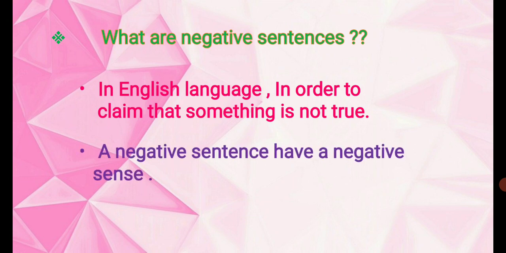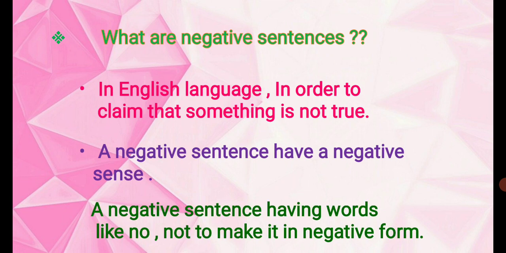A negative sentence has a negative sense. It means it reflects the negative side of the sentence. It reflects the no or not in the sentence. That's why we can say that a negative sentence has words like no or not to make it negative in form. So what are the positive sentences? Statements are called the positive sentences, right?